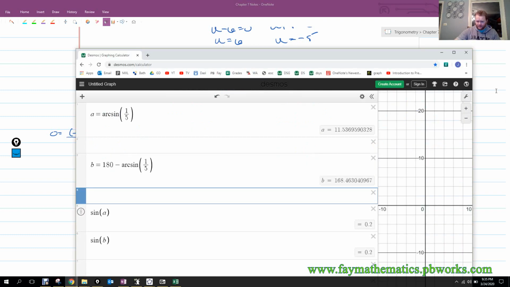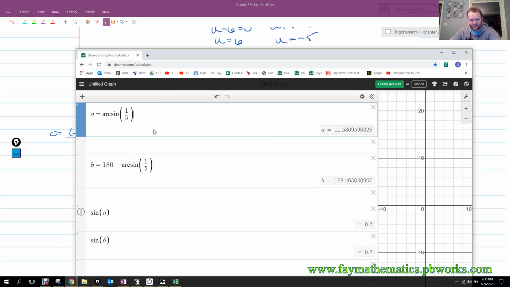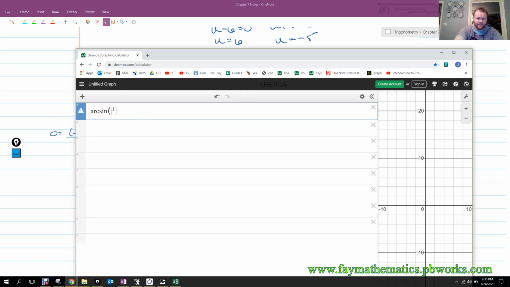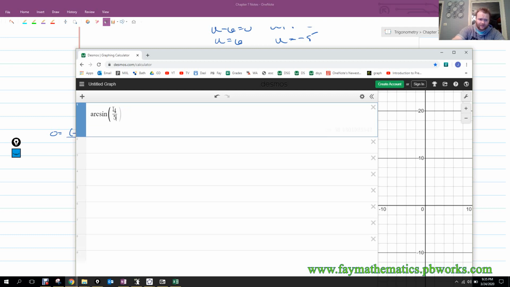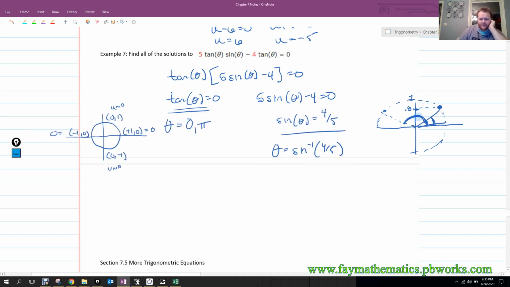So the calculator gives the first one. I'll do it in degrees first, and then we'll transition into radians after that. So we're going to go arc sine of 4/5. The calculator gives that first 53 degrees. So that 53 degrees is that angle right there. Now we need that other angle.